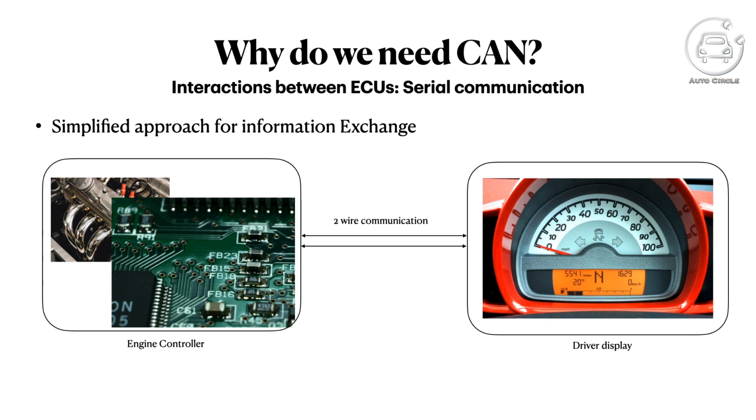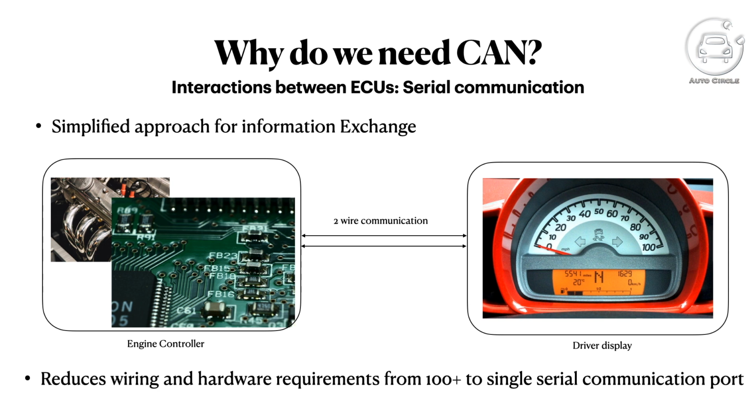We can exchange hundreds of signals between these two ECUs using this communication. This reduces the wiring and hardware requirements from typically 100 plus connections to just a single communication port. We saw how serial communication makes lives easier.